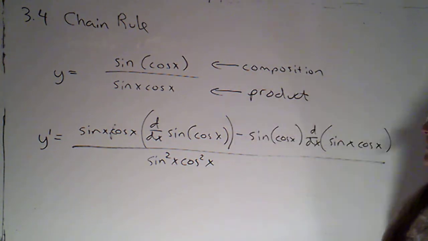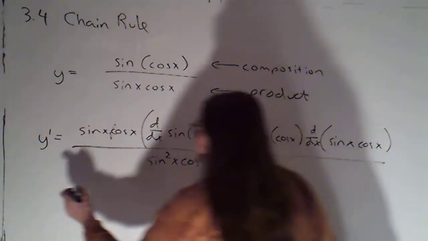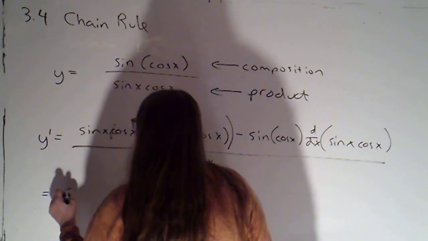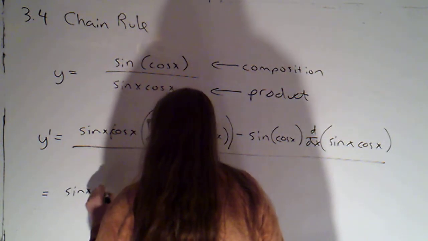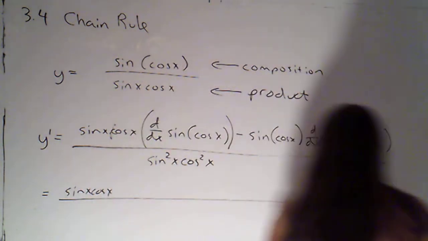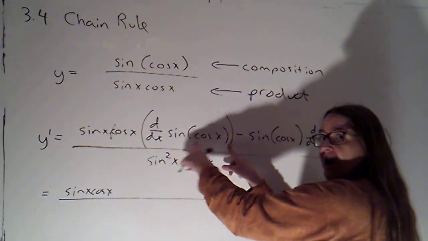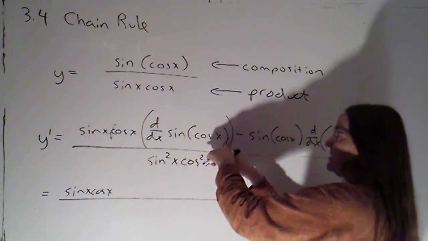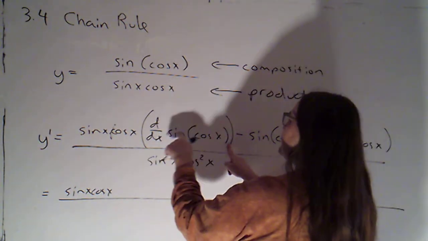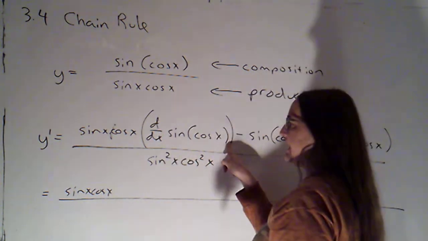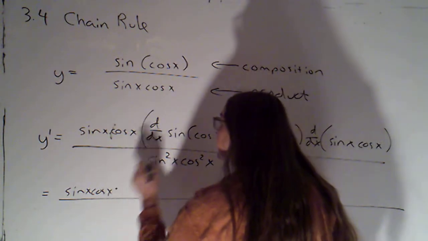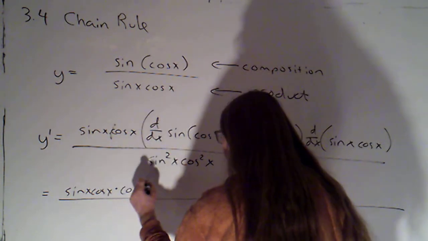So now let's go back and evaluate some d by dx's. So this is going to be sine x cosine x times. Here, this was the derivative of the composition. So we're taking cosine, we're plugging that into sine. The derivative of sine is cosine.